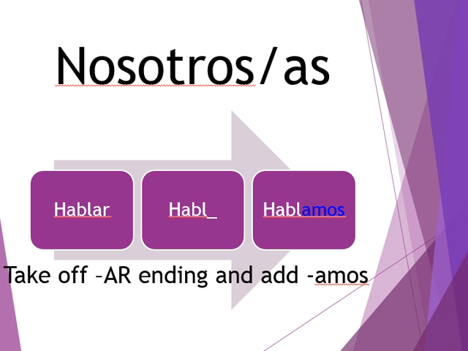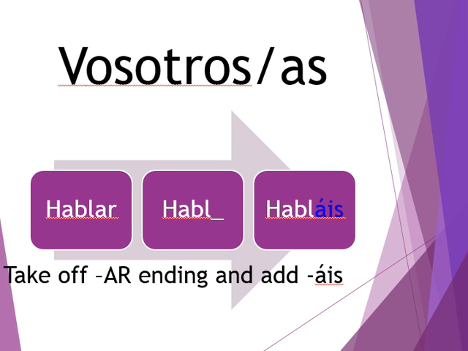I am first going to take off the AR and I'm going to add AMOS. Now I have nosotros hablamos, which means we speak. Next I have vosotros. I'm going to take off the AR and I'm going to add an A with an accent, I and S. Vosotros habláis. That is you all speak.